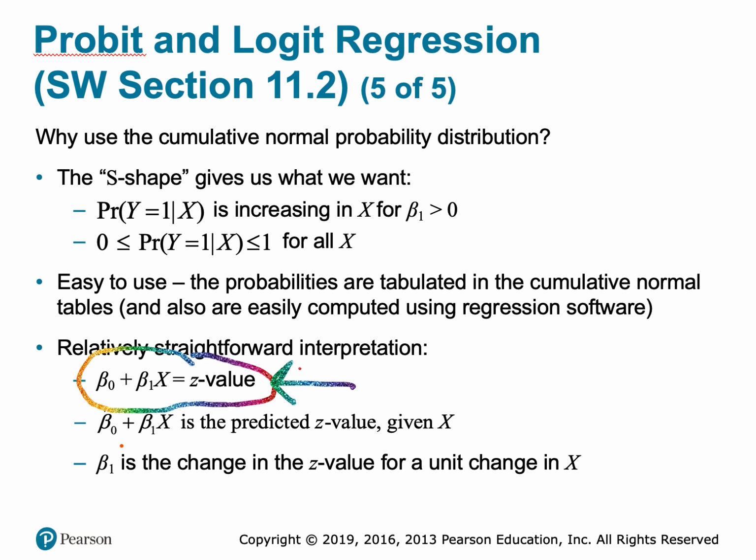So what the probit model gives us is the predicted z value given x, and beta 1 is the change in the z value for a unit change in x. In the next video, we're going to look at an application to help us think about what it looks like to run a probit model, what the predicted probability is, and how to interpret these coefficients.